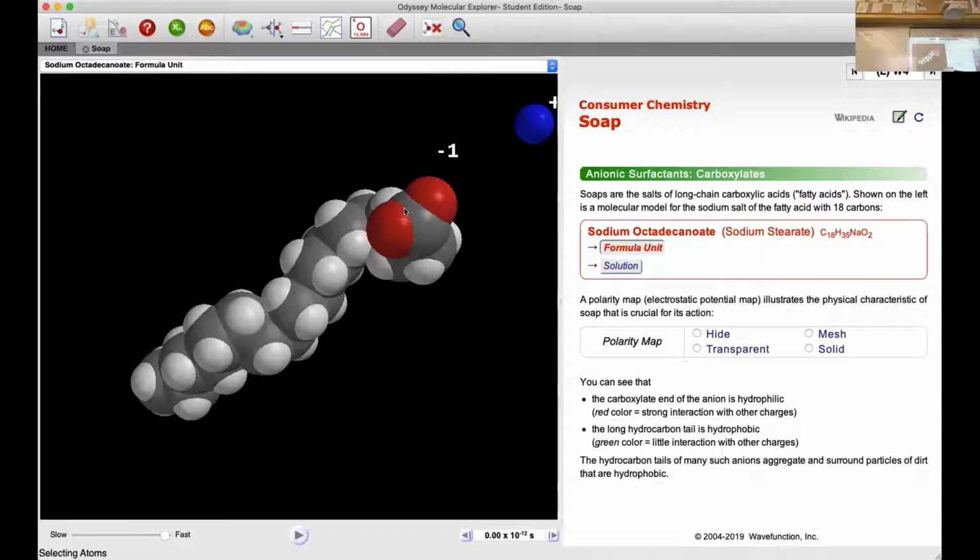But soap has another feature to it. How many hydrogens are in soap? 35. How many carbons are in soap? 18. So they have carbon and 2 hydrogens, and then you repeat that like 18 times, and then put one on the end. Do these hydrogen atoms over here have positive charge?